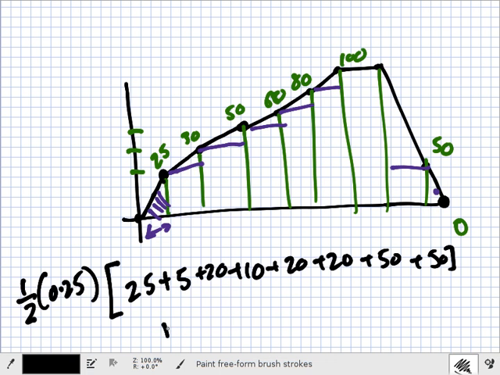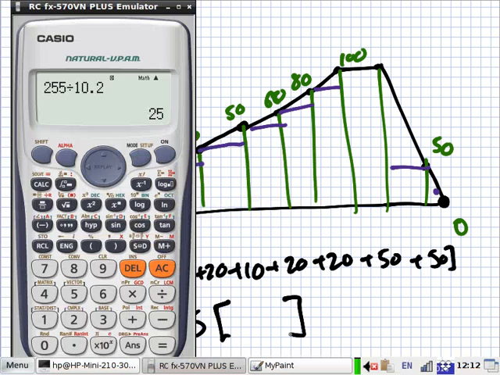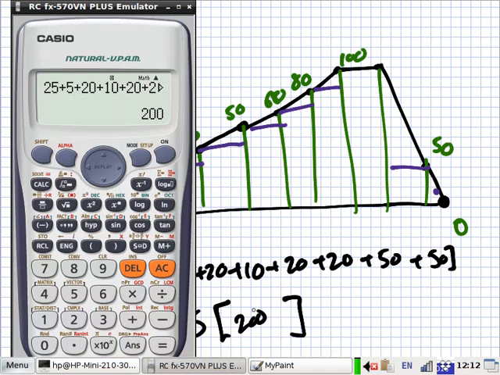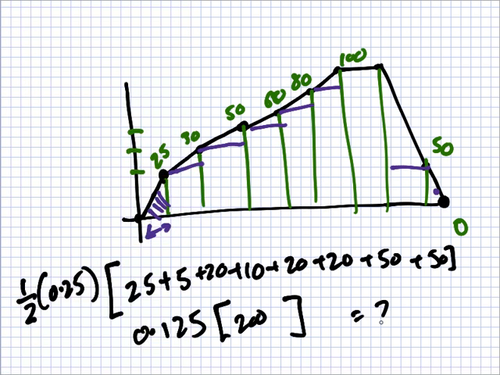So it would be 0.125 times 25 plus 5 plus 20 plus 10 plus 20 plus 20 plus 50 plus 50, which is 200. So that's equal to 25.